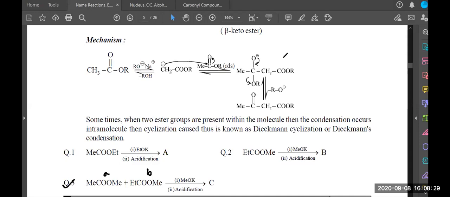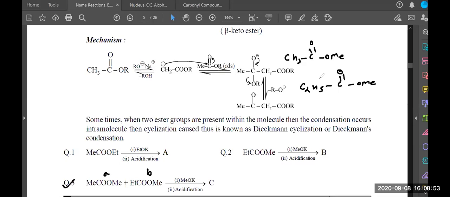I'll just write the structure, okay? We have CH3, C=O, OMe, then we have C2H5, C=O, OMe. Yes, B, right?